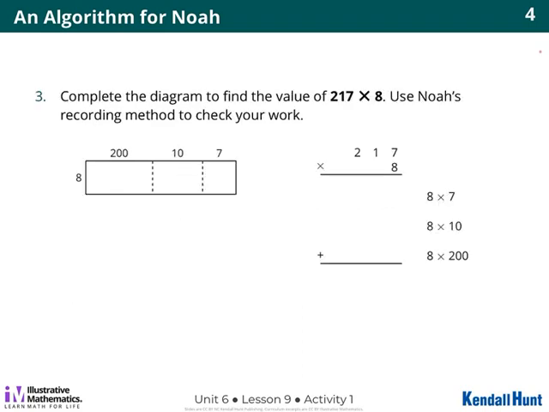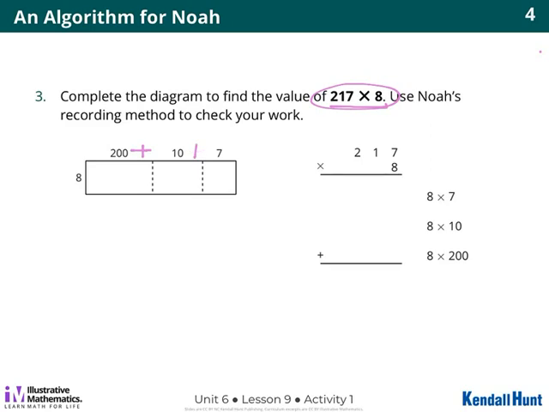All right, so we're going to take a look at number 3 for our synthesis today, okay? So, first we're going to use the diagram. So we're multiplying 217 times 8. Did you guys notice at the top they just broke up 217 by place value?